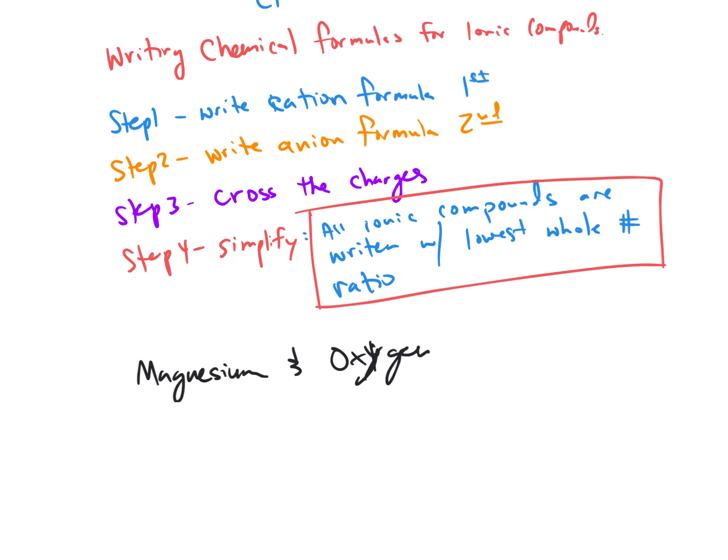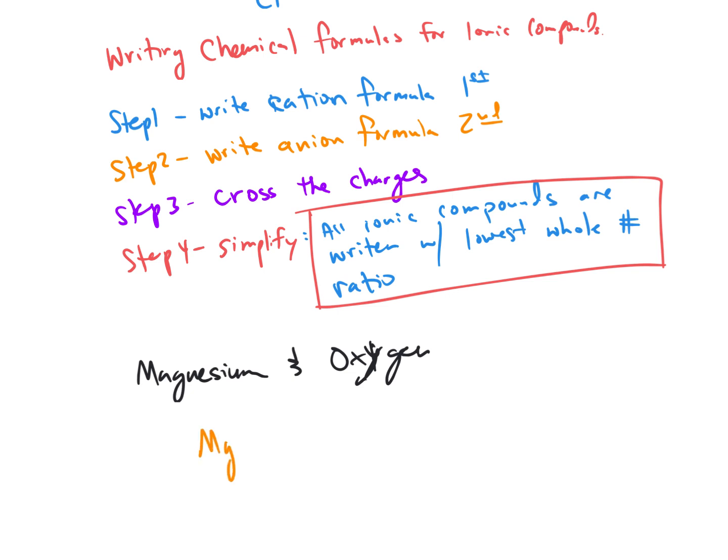Which one is the cation out of magnesium and oxygen? I can't tell, I didn't give it to you. So which one is positive? Which one is the cation? Magnesium. Why? They have two valence electrons. Yeah, they have to give away 2 electrons, and it's a metal, right? Metal is the cation. Good.